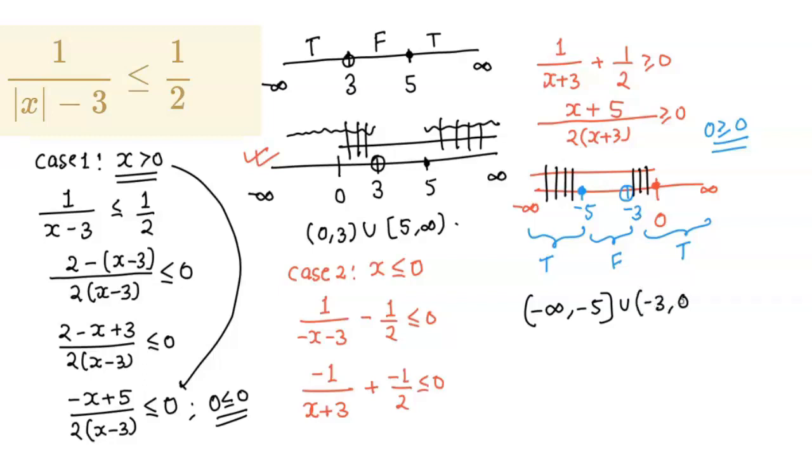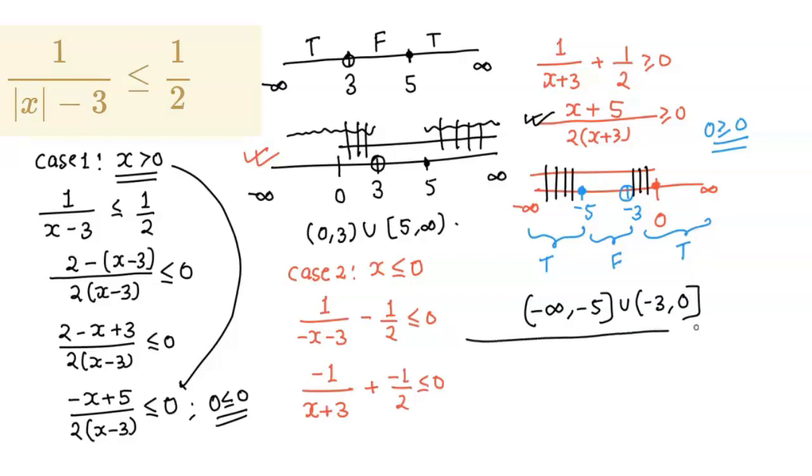And what bracket will we put at 0? Let's check it. Simply put 0 over here. So 0 plus 5 is positive, 0 plus 3 is positive, and 3 into 2 is positive. Positive upon positive is positive, and positive greater than or equal to 0 is true. So 0 is included over here.